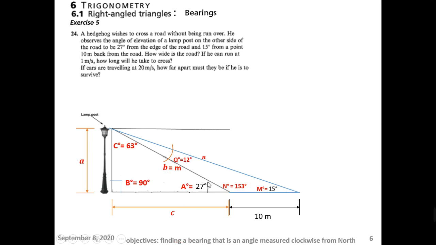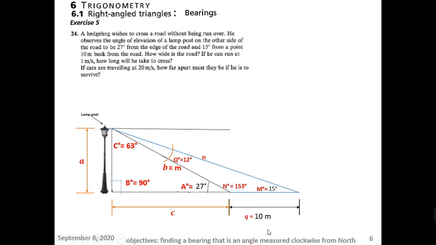Q is going to be 12. Why 12? Because 15 plus 153, when you add them and you subtract the result from 180, you will find the 12 degrees, because angles in a triangle add up to 180. The opposite side to Q is the 10m.